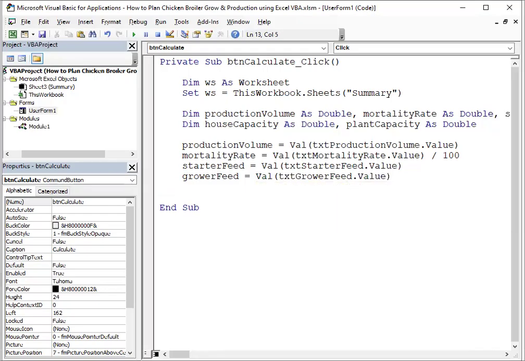Close. Then finisher feed equals value, then open parenthesis, txt finisher feed. Okay, that value.